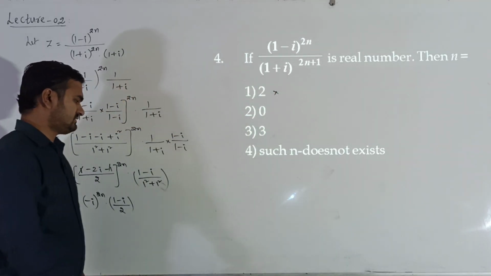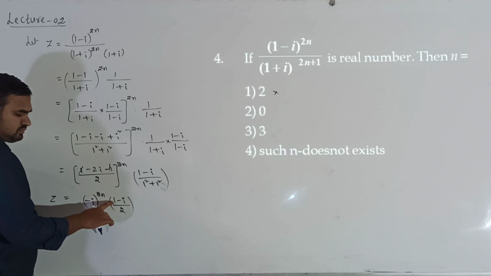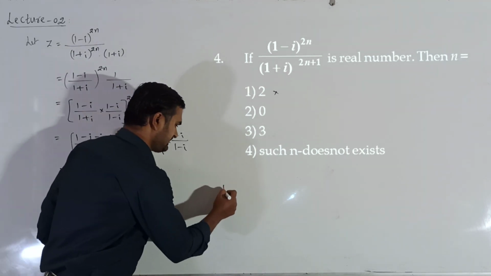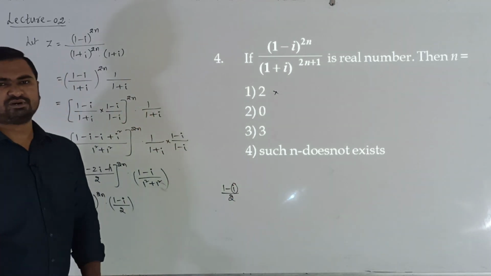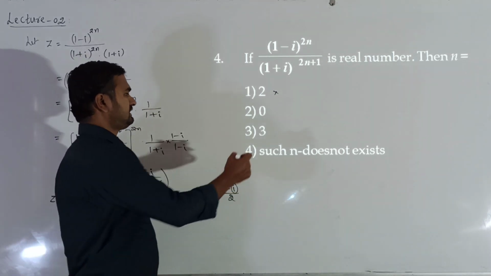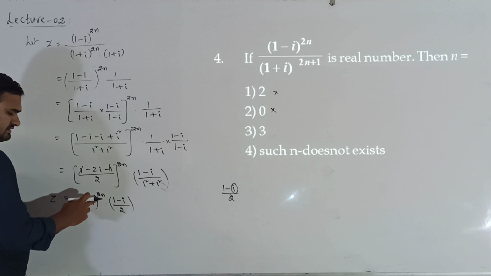Can we take n as 0? If n is 0, minus i power 0 is 1. 1 into 1 minus i by 2, we get 1 minus i by 2. Now is 1 minus i by 2 a real number? No, because we have an imaginary part, it is not a real number, it is a complex number. So 0 we cannot take. Can we take 3? If n is 3, minus i power 6.